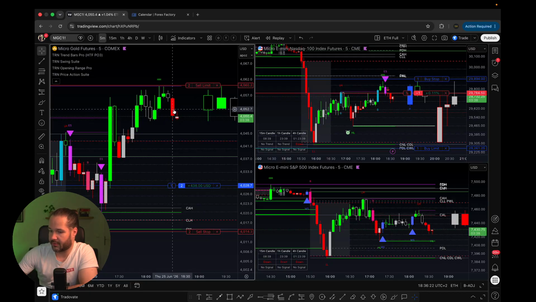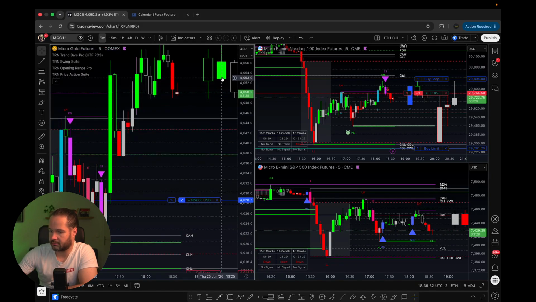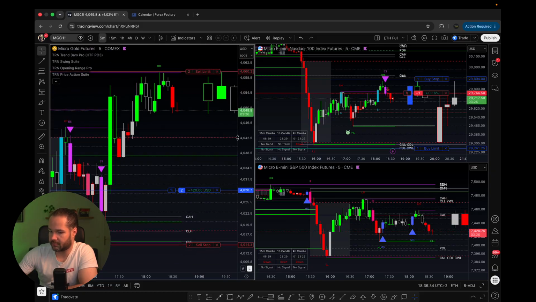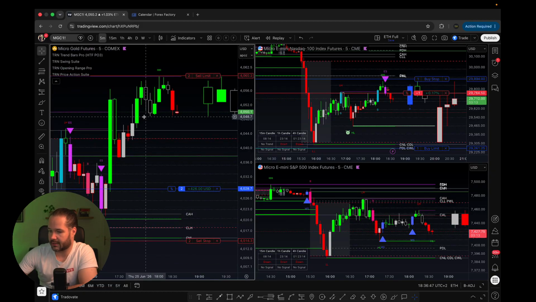If we close below the previous 5-minute candle, I will be out. And then, yeah, I think I've got a low right here. And then let it run.